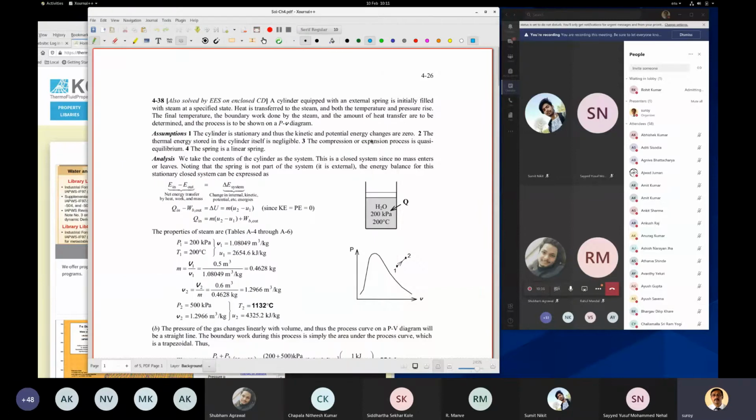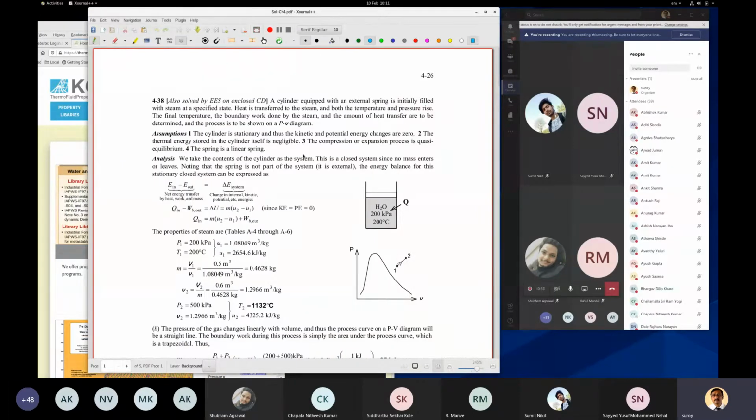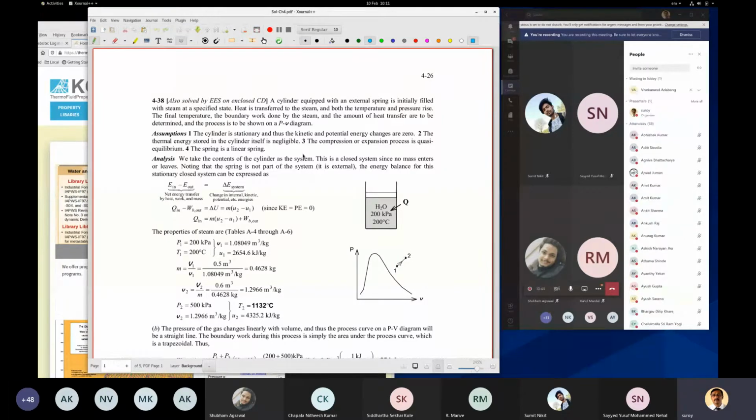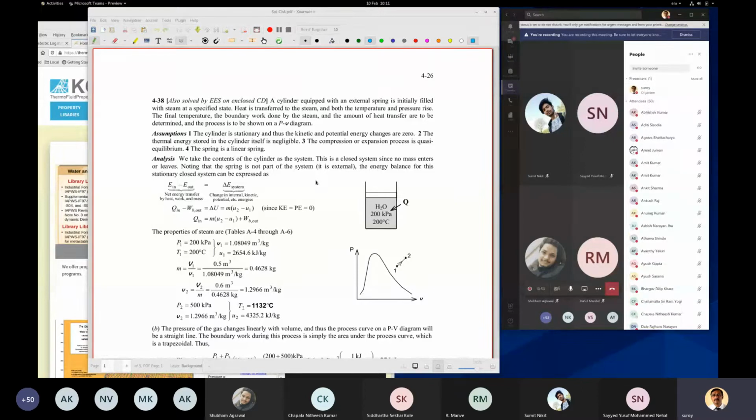So let us try to do some of these problems, and I have uploaded two problem sets. Now we will practice doing problems, because I have taught enough of theory. So this is a typical problem that you can see.